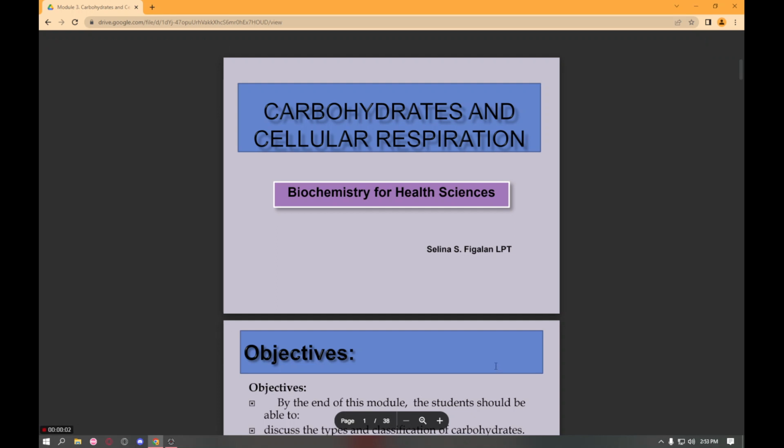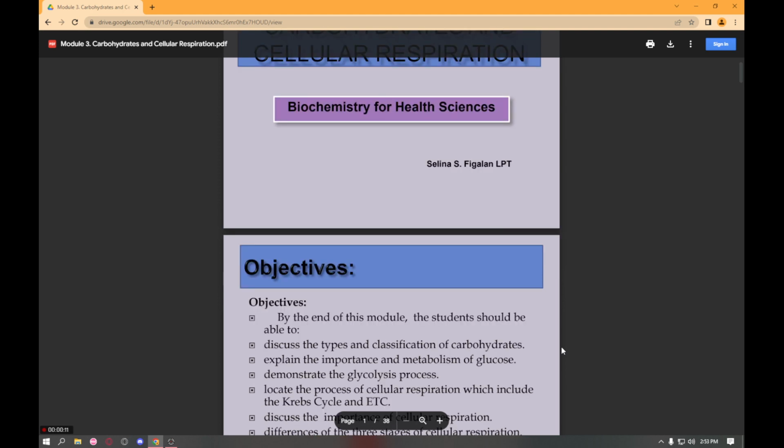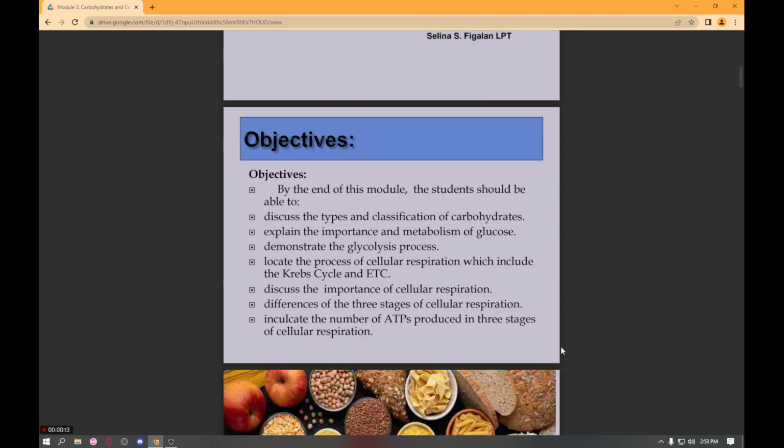So we are now with your module 3, which is entitled Carbohydrates and Cellular Respiration. Let me start with the objectives of this module. These are the following objectives: discuss the types and classification of carbohydrates, explain the importance and metabolism of glucose, demonstrate the glycolysis process, locate the process of cellular respiration, which includes the Krebs cycle and so on.